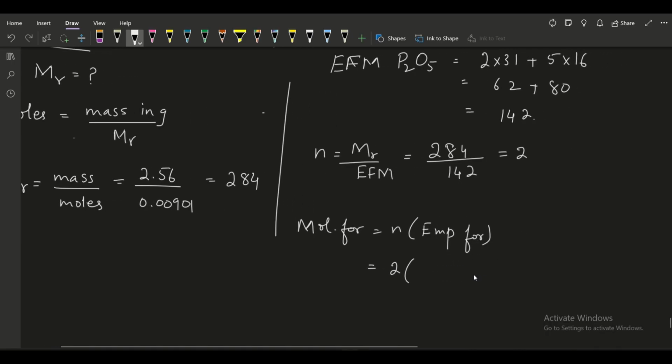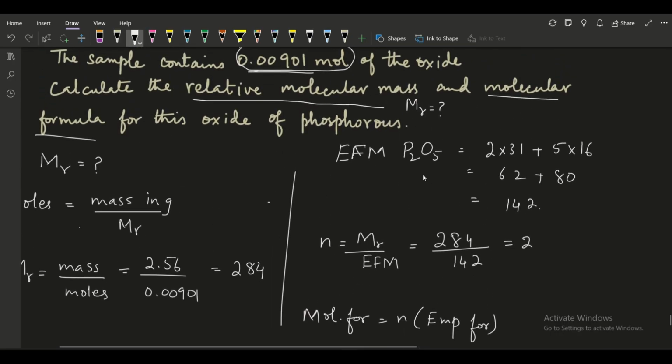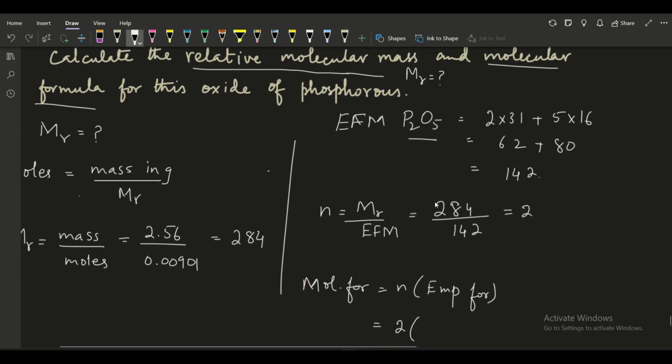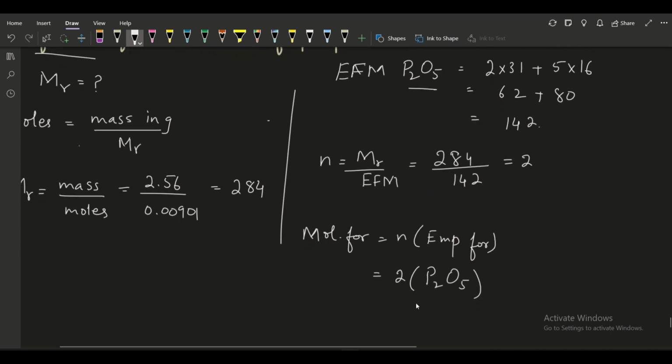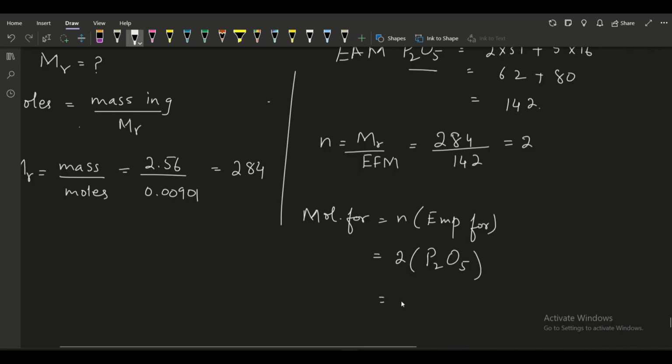And what was the empirical formula that we just calculated? The empirical formula was P2O5. Just put the value over here, 2 times P2O5, and then you will get the molecular formula P4O10. So that's your molecular formula for this oxide of phosphorus.